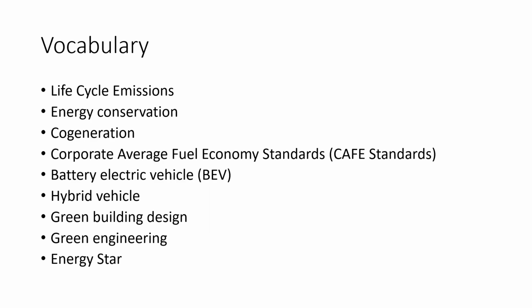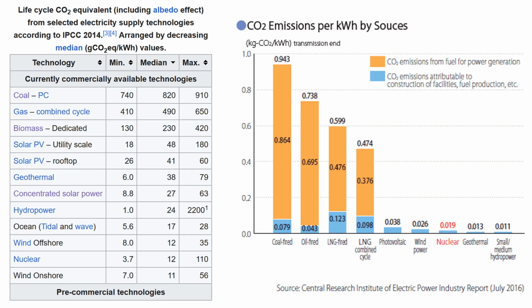Here's the vocab slide. And before we get into energy conservation itself, I want to talk about life cycle emissions for various energy resources. When it's talking about life cycle emissions, we're going to be talking about CO2 emissions or CO2 equivalents.